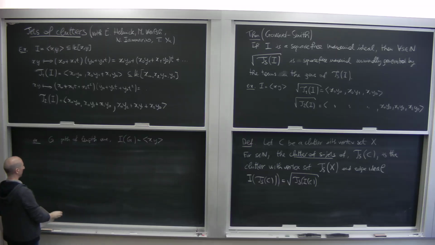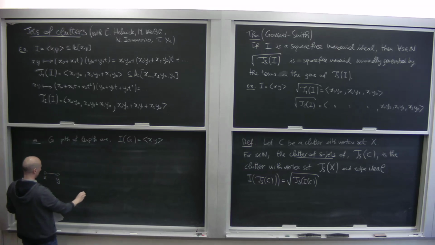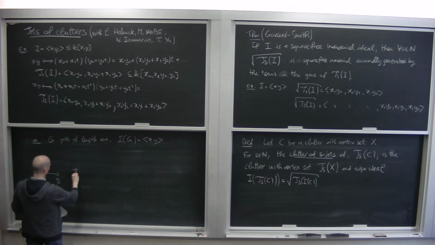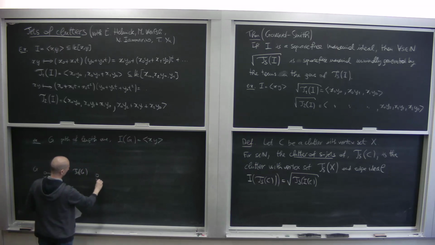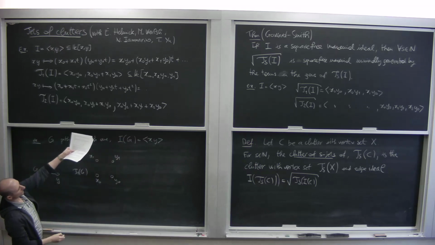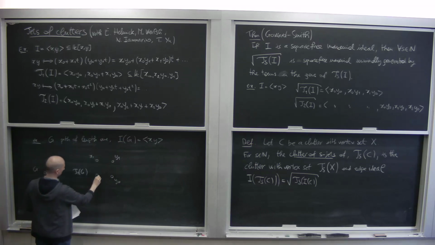And so if this is your G with vertices X and Y, your J1 of G looks like this. You have X0, Y0, X1, Y1. And then you have those 3 generators that give you 3 edges, this, and that.